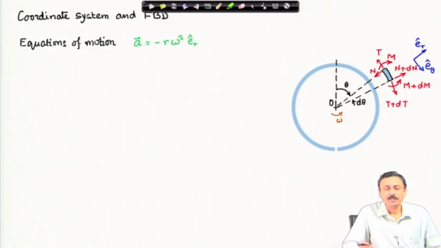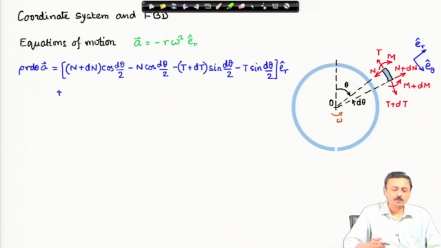Acceleration of this element in plane polar coordinates: the only term that remains is the centripetal acceleration, because its radial coordinate is not changing and it does not have any radial velocity, therefore no Coriolis term, no Coriolis acceleration, no radial acceleration. There is no tangential acceleration because the ring is rotating at a constant angular velocity. Therefore, the only acceleration that we have is the centripetal acceleration, minus r omega squared E r cap.